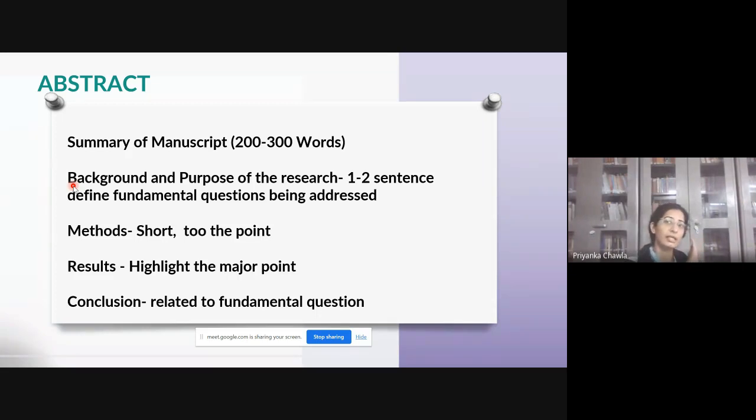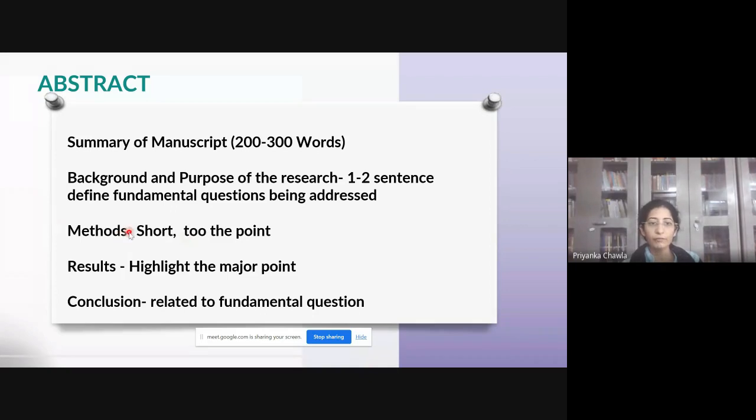Previously, robotics were not there, and we were not informed about artificial intelligence, or the scope of artificial intelligence has increased day by day with the advancement in technology. So this is the way of writing the background, followed by methods.